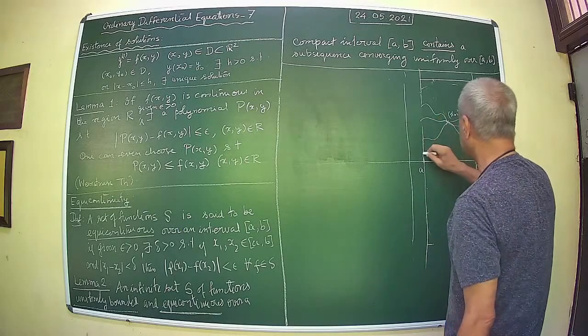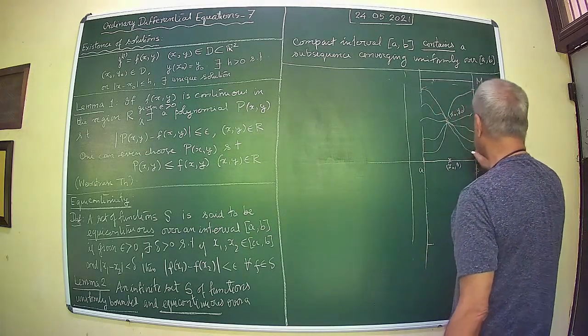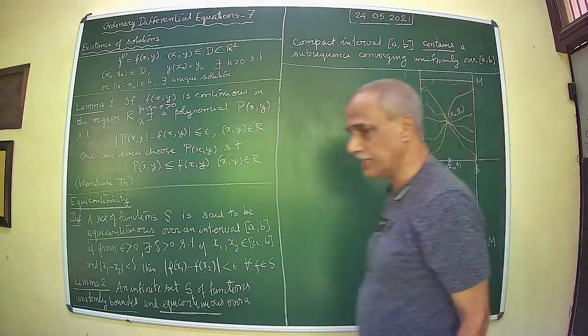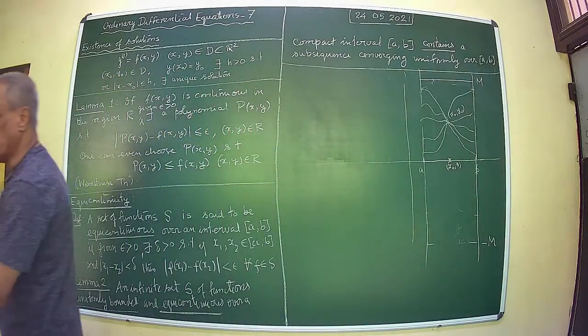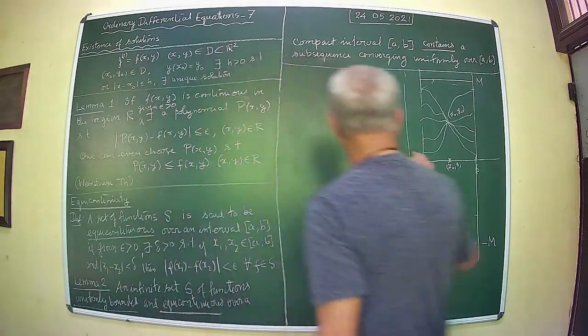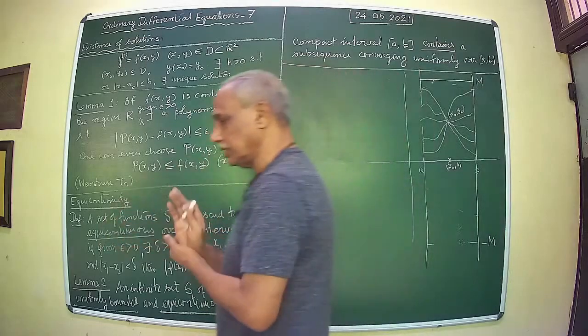So they all satisfy the same initial data. What one gets is that if you can prove equicontinuity, then you can immediately conclude that this sequence of functions has what is called a convergent subsequence.